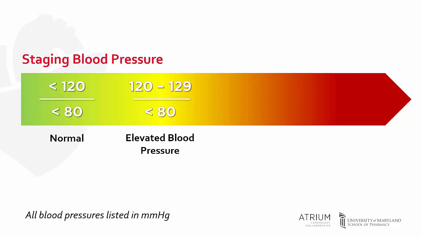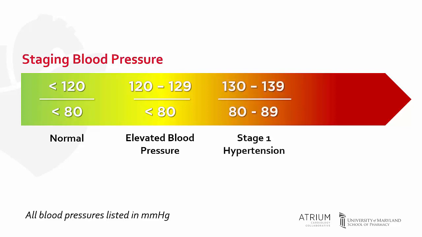Now, a diagnosis of hypertension is made when the average of two or more readings exceeds 130 over 80 millimeters of mercury. Now, hypertension can also be defined as anyone that's taking medication to lower their blood pressure, even if their pressure on medication is below this threshold.